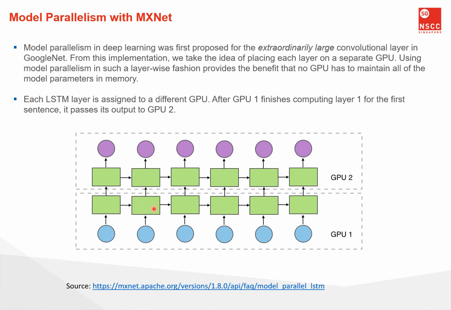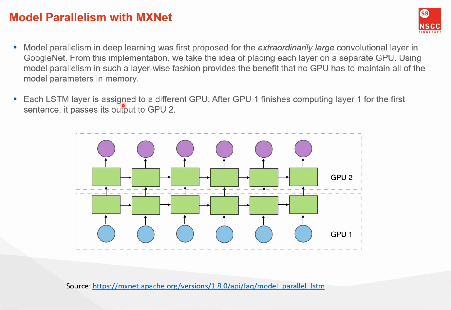Now, each of these may look like separate neural networks, but because this is recurrent, it's actually the same neural network being repeated in time. So this is one single set of LSTM nodes being assigned to one GPU and another set being assigned to the other GPU, and then at the next iteration in time it will just be replicated across.